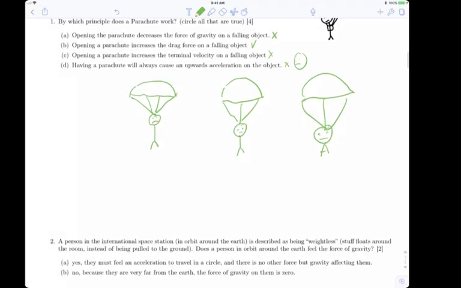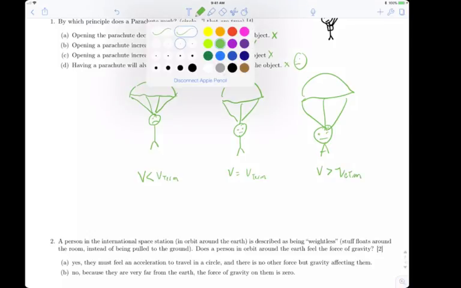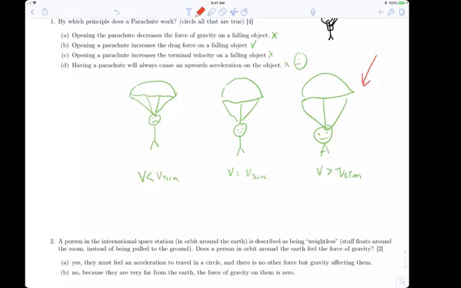If you're traveling slower than the terminal velocity, if you're traveling at the terminal velocity, or if you're traveling faster than the terminal velocity. The way it works when you're jumping out of an airplane is you usually open the parachute in this particular situation. Okay?